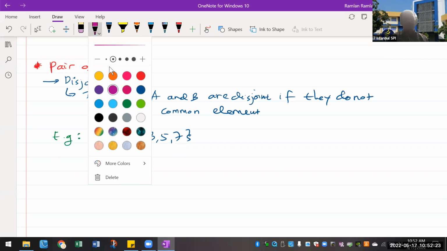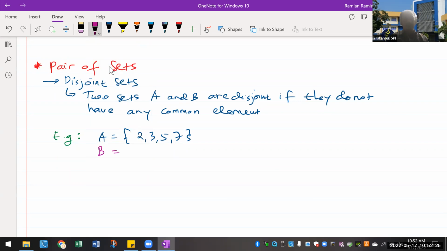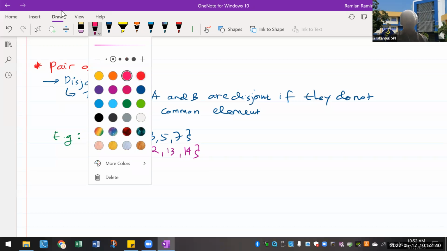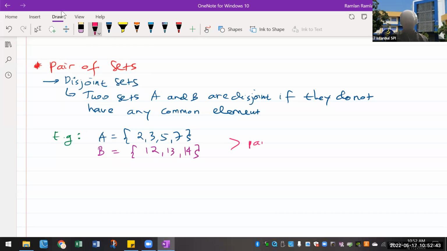Oke, boleh. Set B is equal to, let's say, 12, 13, 14. For example, these are two pairs of sets, right?